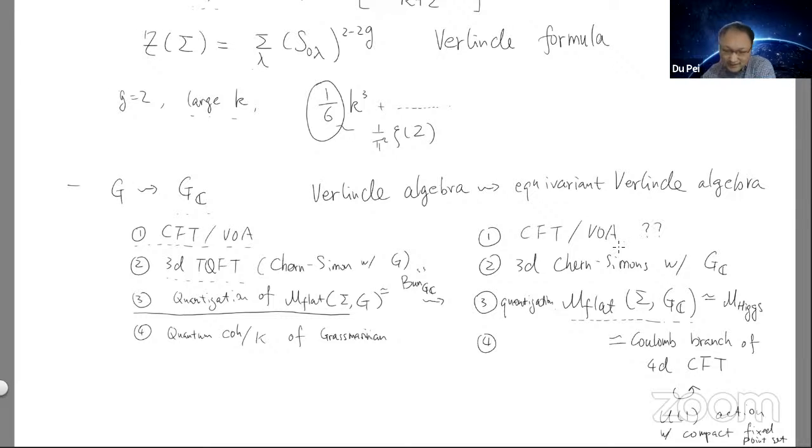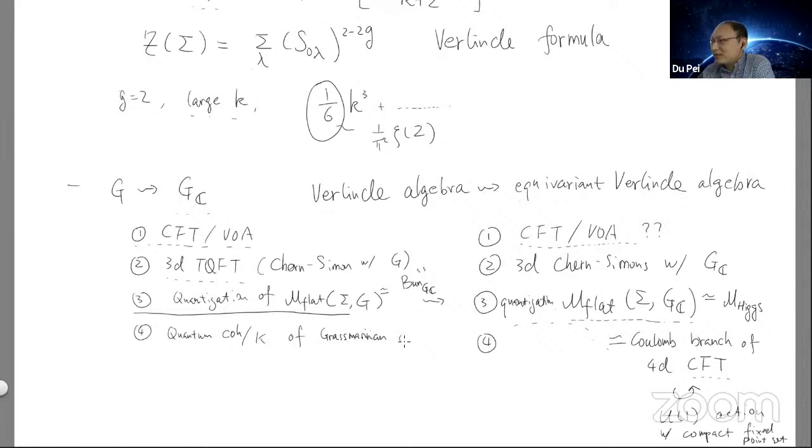Actually, we don't have a good understanding of this question. We understand better the connection with CFT in 4 dimensions, which further encodes some other CFT and VOA. But it's not entirely clear whether this equivariant Verlinde algebra is computing the dimension of conformal blocks of some non-rational VOA. This is something that would be interesting to explore. I will say a little bit more about it later.